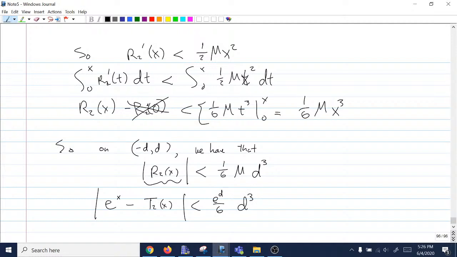We're off by something less than d cubed. If d is small, 0.1, then we're less than 1,000th over 6, off by this constant e to the 0.1, which is going to be closer and closer to 1 as the thing shrinks down.